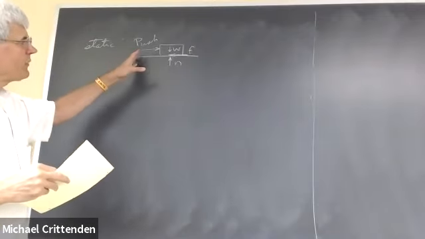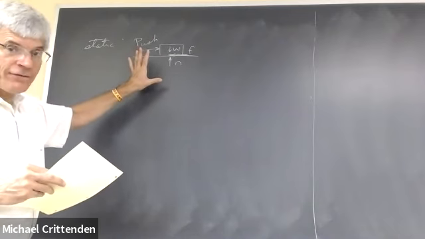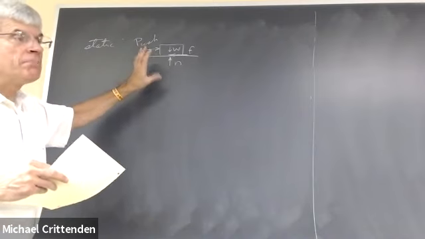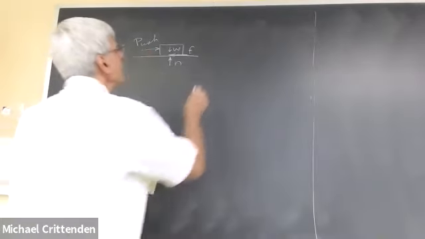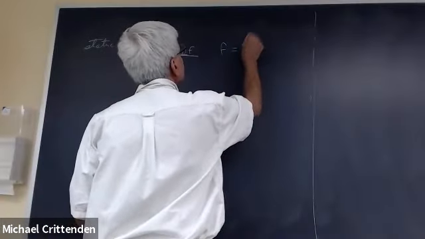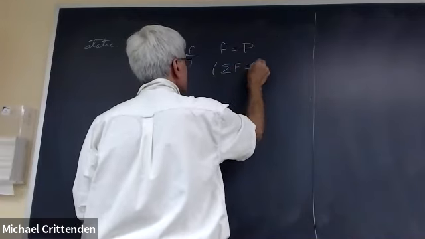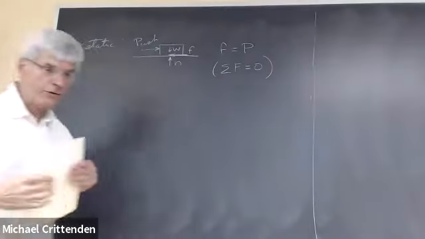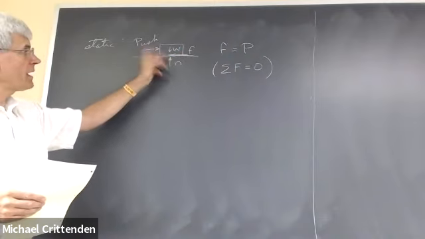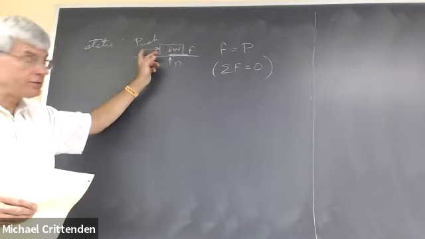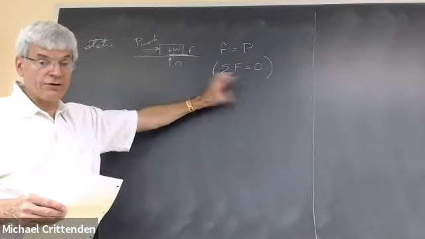Now, in the static case, as long as it's an object at rest remaining at rest, the sum of the forces has to equal 0. An imbalance of force causes acceleration. If it's going to just sit there all day, the friction force has to be equal in magnitude, opposite in direction, but equal in magnitude to how hard you're pushing, because the forces have to balance if it's going to sit there.